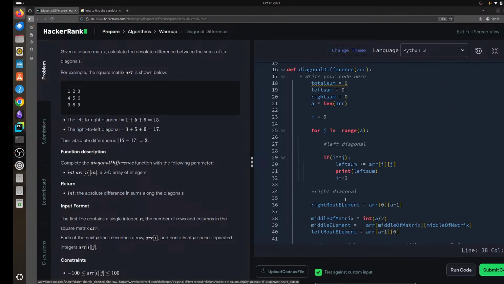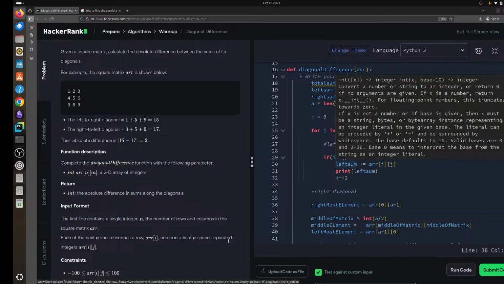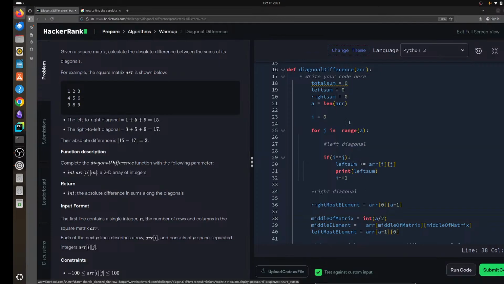I got it. 0, 1, 2, and there is no control. Let's see, j in range of a. j will travel from 0 to n minus 1, and i will be 0, so 0, 0. Then it will go inside, and i plus 1, then i is incremented to 1.